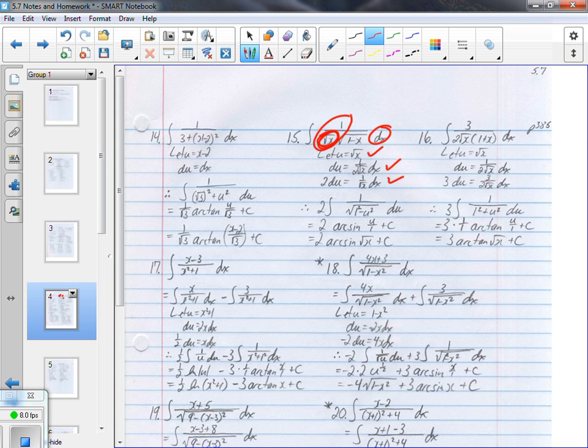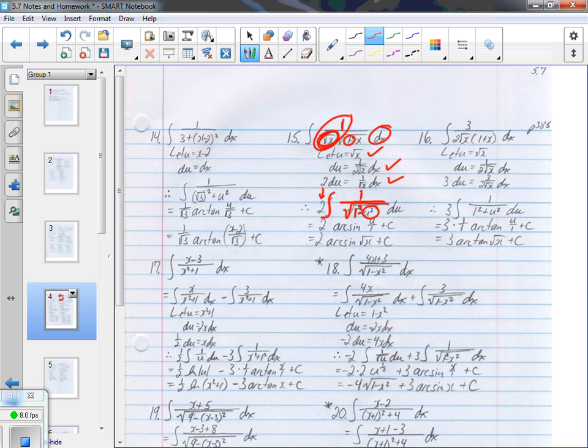Okay? So 2 times the integral of 1 stays 1, square root of 1, write it as 1 squared if you want, minus, and then instead of x, if u equals the square root of x, then x would equal u squared.